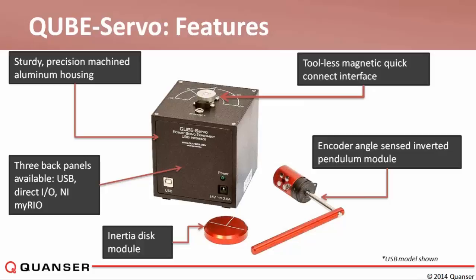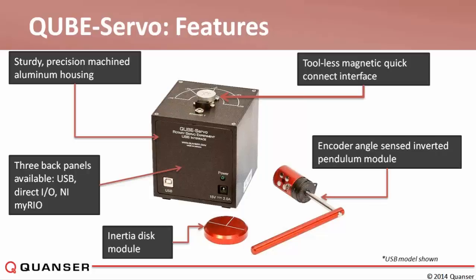The nice feature is that it doesn't require any tools to switch from one module to the other. You can also use this to build your own custom modules to put on top of it, and we will get to some of these examples in the later part of the presentation.